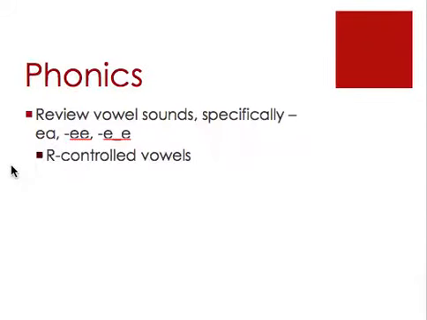In my phonics lesson, I will use the book to review the long E sound and the different ways of spelling the long E sound, including the R-controlled vowels. I will use a graphic organizer to help students see the different spellings.